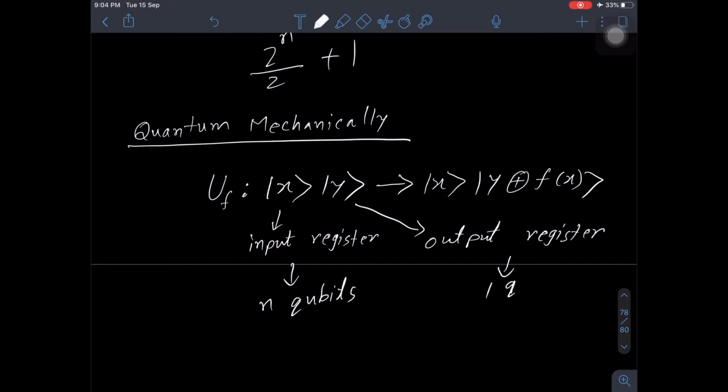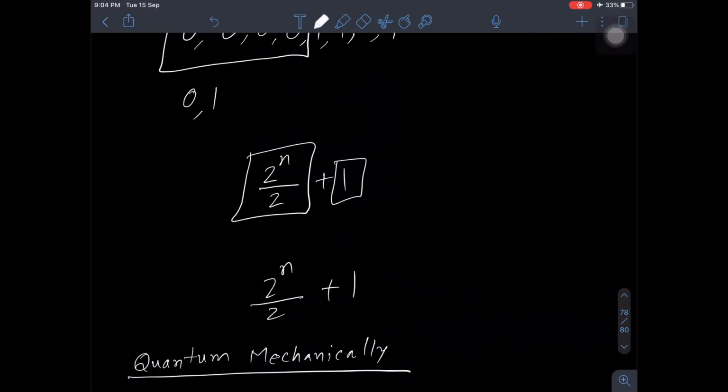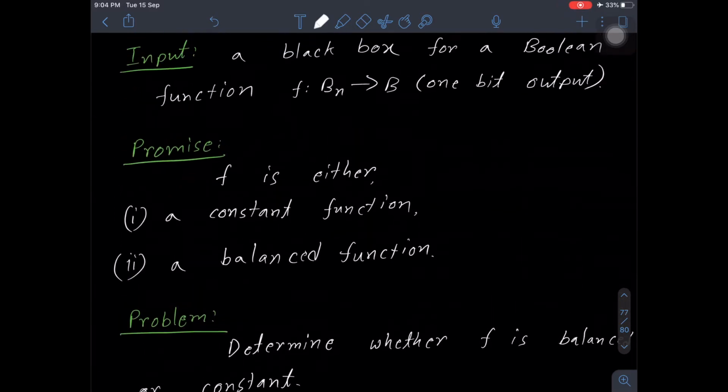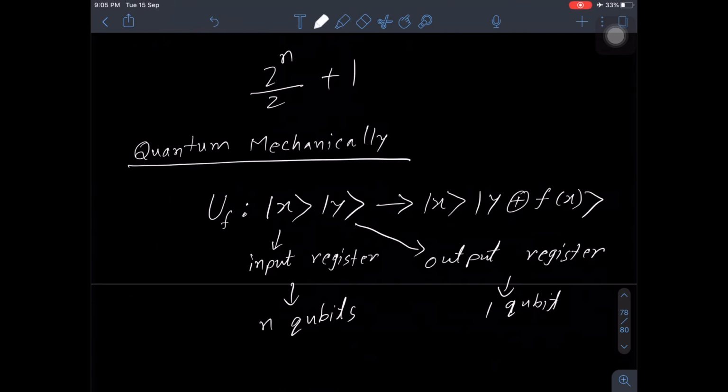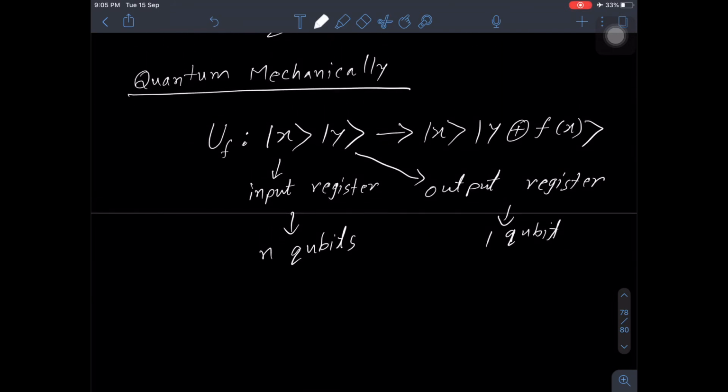You can obviously guess why this is n and this is 1, because remember that our map was from Bn to B, right? So from n bits we were going to 1 bit. So quantum mechanically we are going from n qubits to 1 qubit. All right, and that is why this is the output and this is the input.